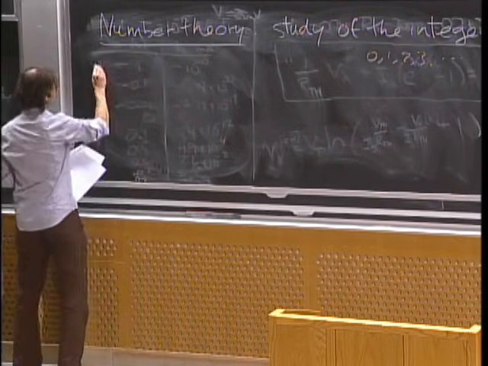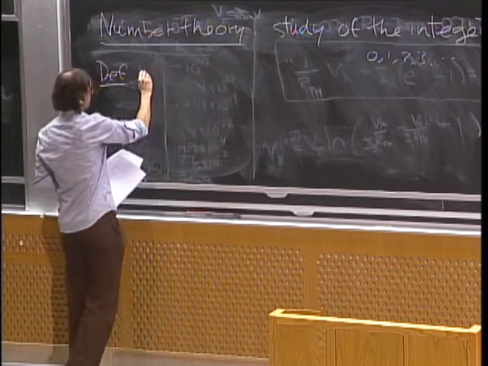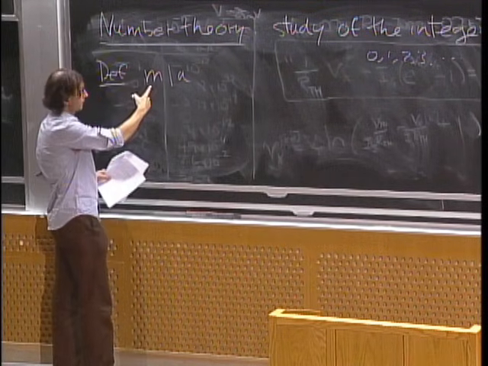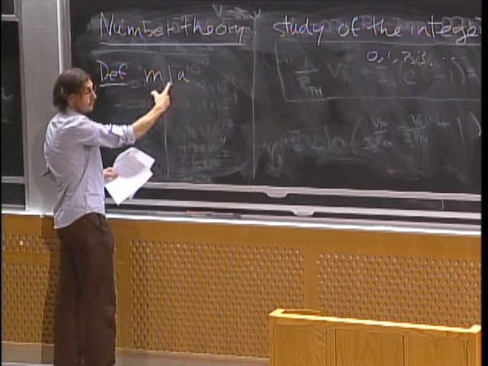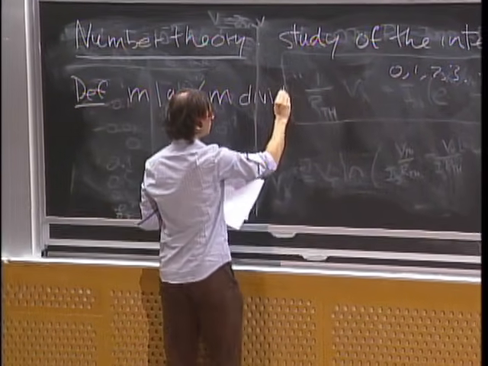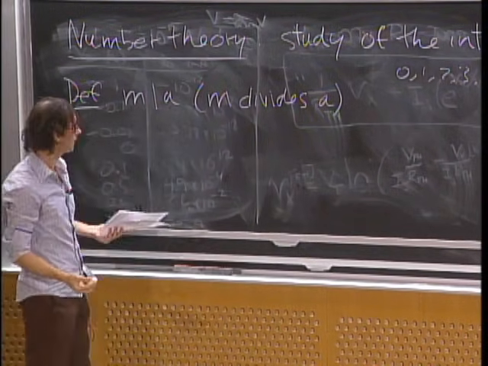So let's go with the definition. We denote by M | A that M divides A. And how do we define this?